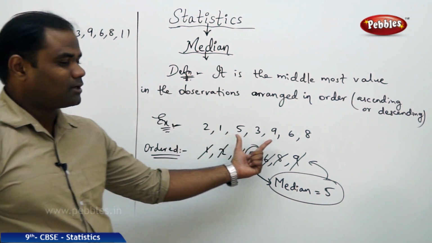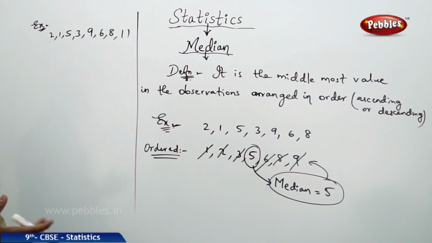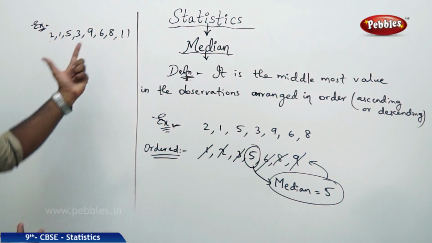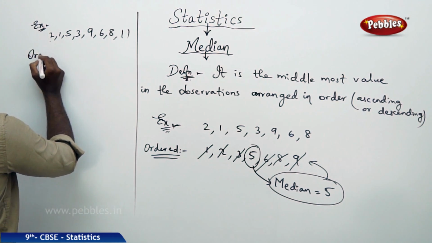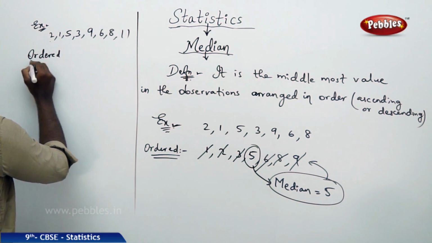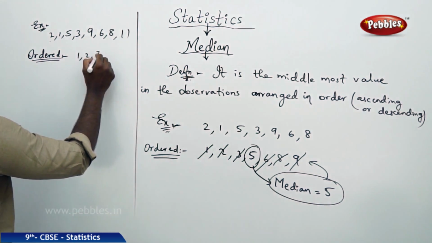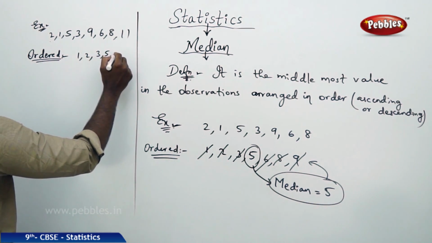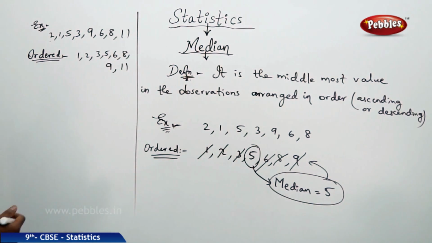Now these 7 observations are added up with the 8th observation 11, and let's see how the median is understood for this. The first thing I do is I put them in order: 1, 2, 3, 5, 6, 8, 9, and 11.